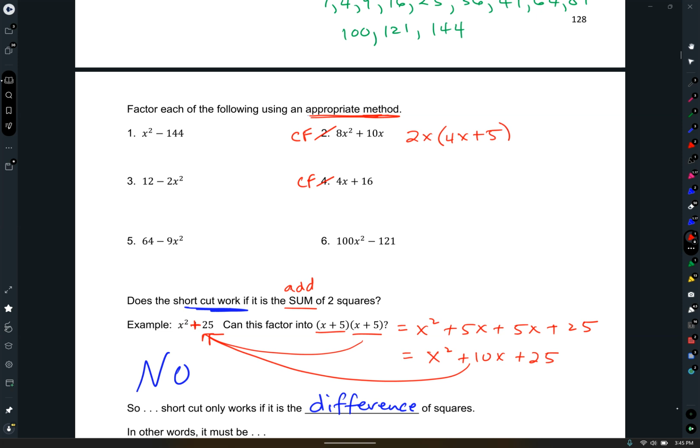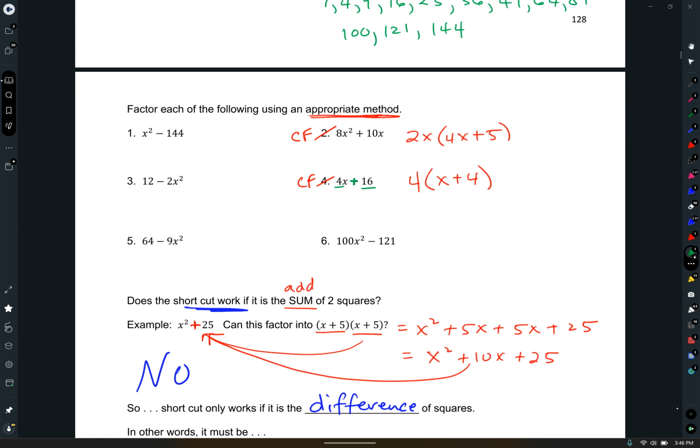And on number 4, I'll take out a 4, and that's going to leave me with x plus 4. See, otherwise, number 4 might have been confusing because you might have seen the 4 and the 16 and thought it was a difference of squares. But it's a plus, and that x is not a square. It would have had to have been an x squared in order to even consider it.